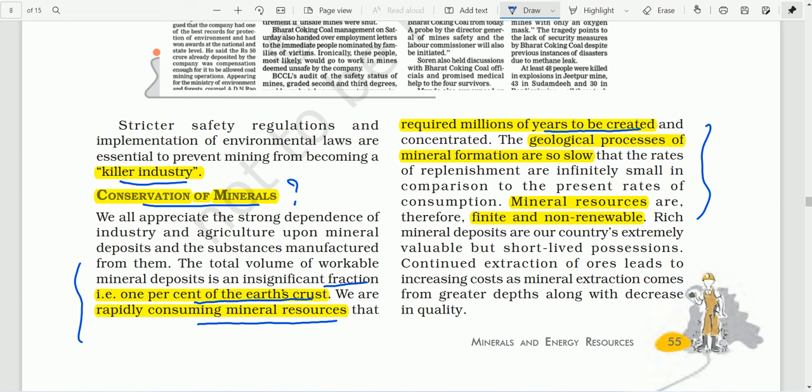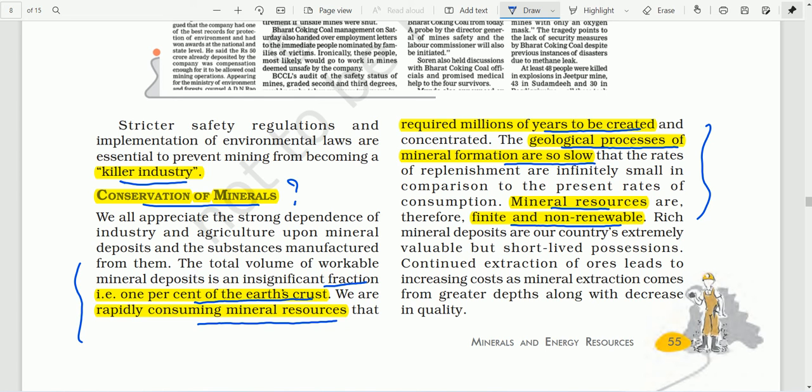That means we are using minerals rapidly, whereas the process of formation is very, very slow. It is also given here: the geological processes of mineral formation are so slow that the rates of replenishment are infinitely small in comparison to the present rates of consumption. So mineral resources are finite and non-renewable.